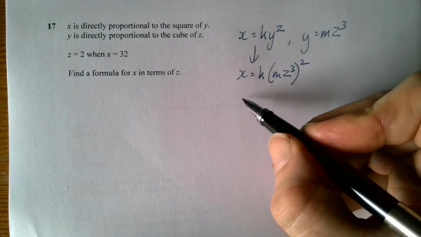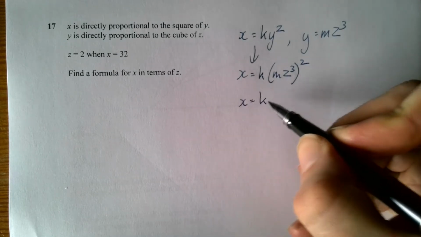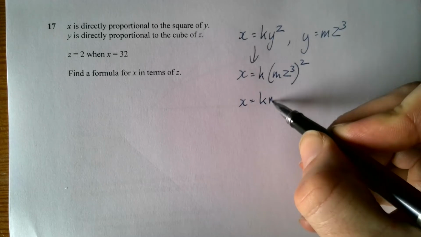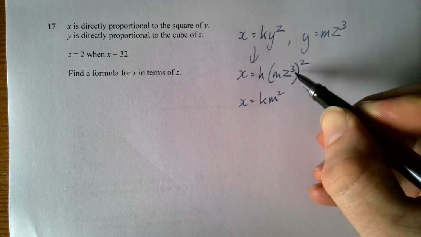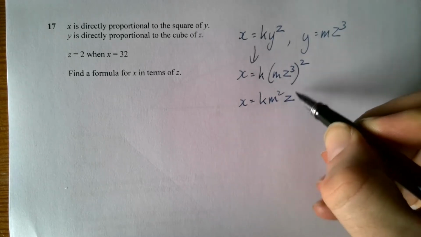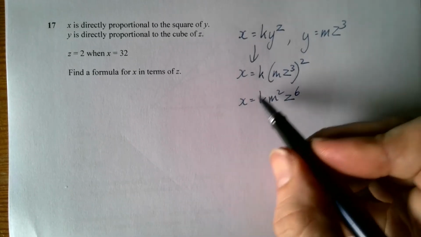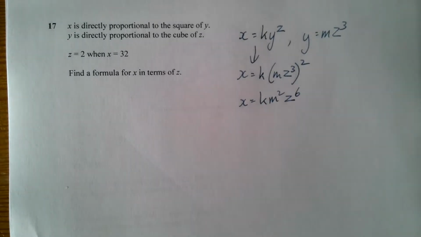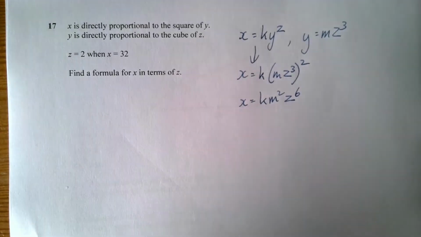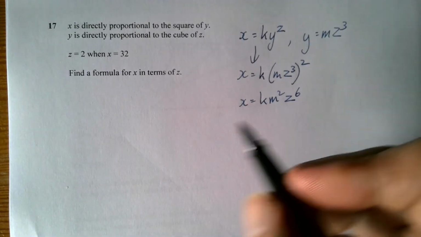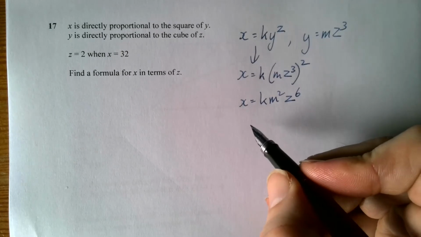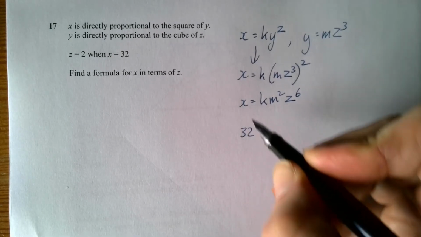Let's expand that bracket. It's going to give me x equals k, m times m is m squared, and z cubed squared would be z to the power 6. Now, I know all of this is going to make some number. I don't know what it is. And so I'm not really interested, to be honest, because I know that x is 32.